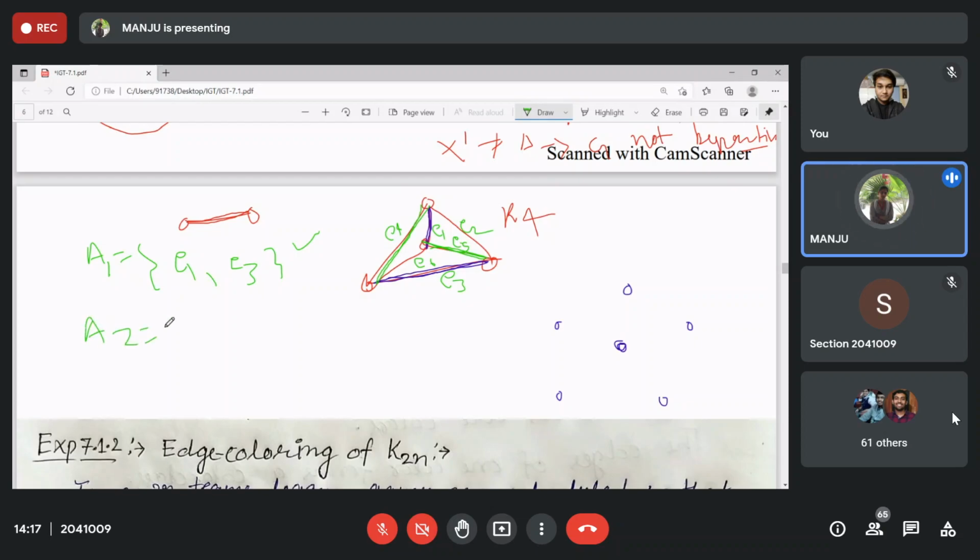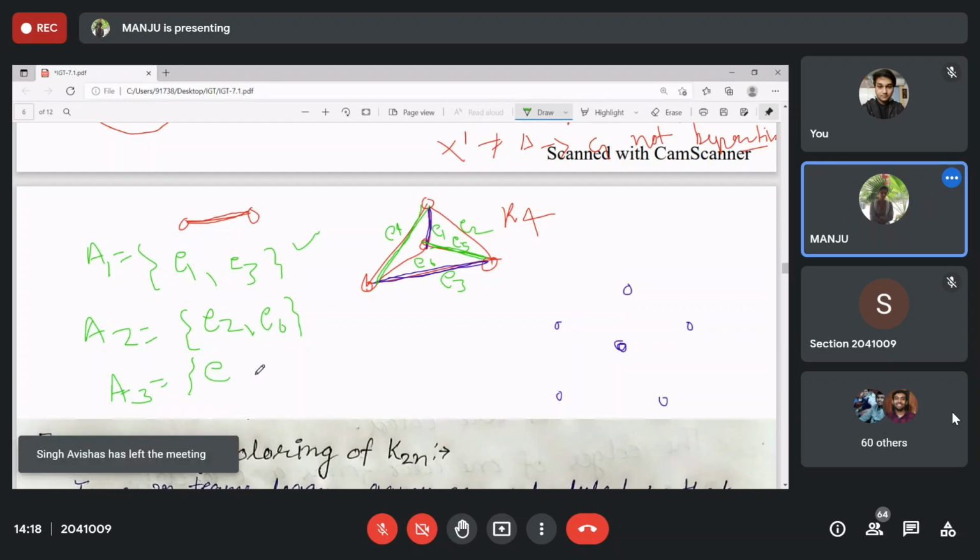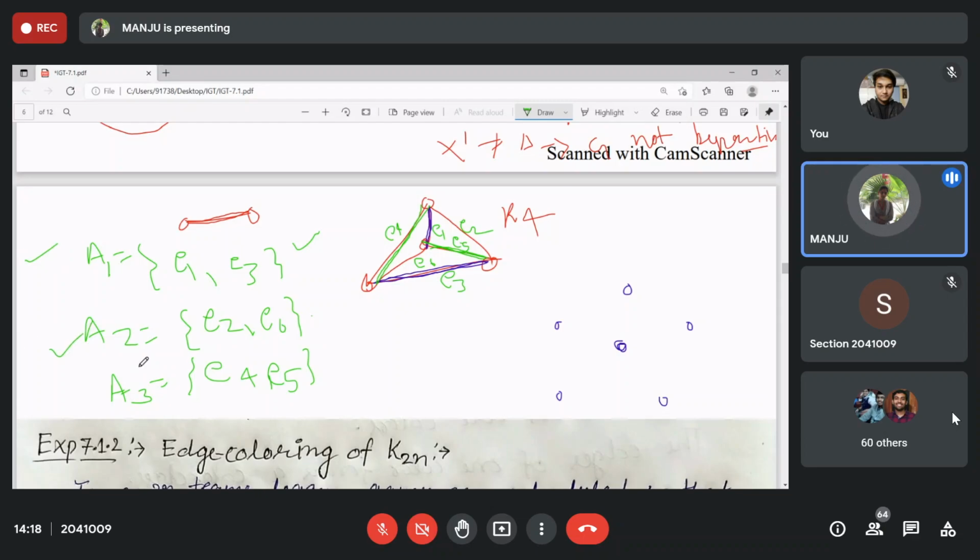Next, E2 and E6. These edges get the same color. A3 is, tell me, E4 and E5. Clear? So these are the color classes: this is the blue color class, this is your red color class, this is your green color class.